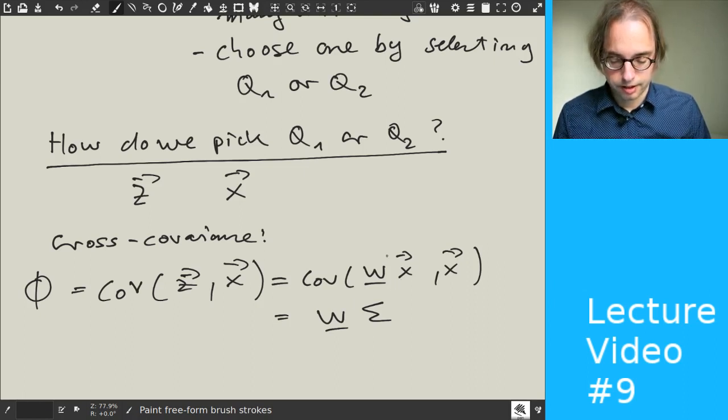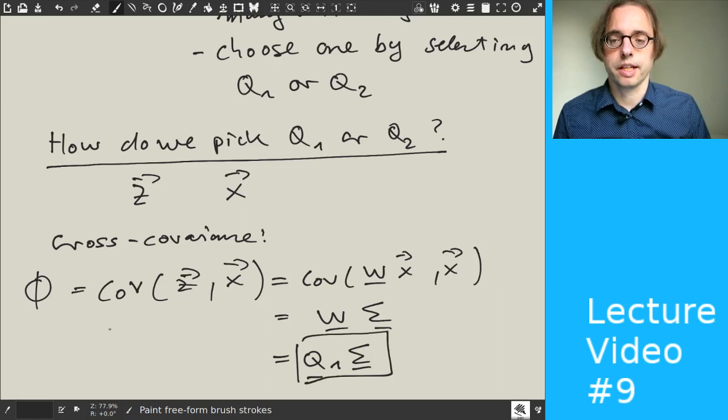If we plug in our solution for the whitening matrix, we end up with this formulation. The cross covariance between the whitened and the original variables is simply the product of Q1 and the covariance matrix.